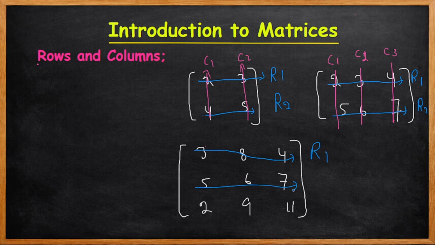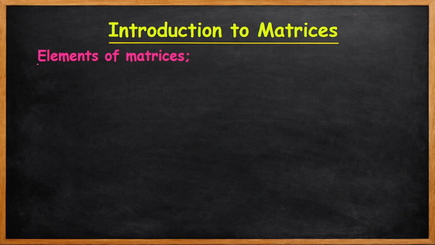This is the second row, row 2. And this is the third row, row 3. This is the first column, column 1. This is the second column, column 2. And this is the third column, column 3.